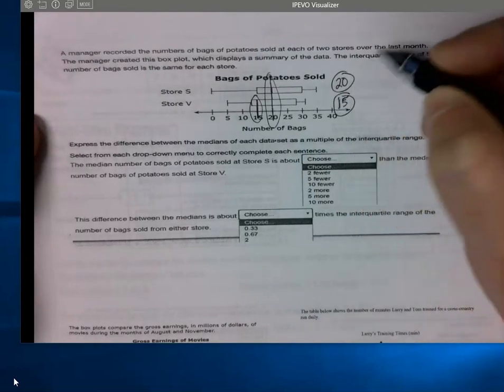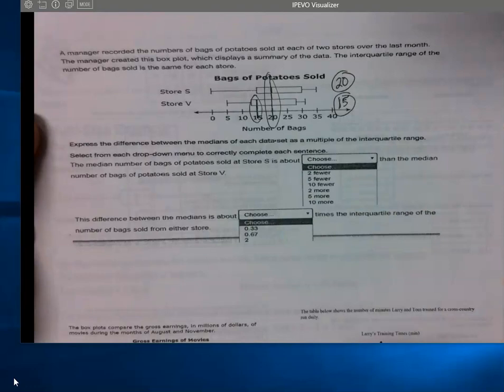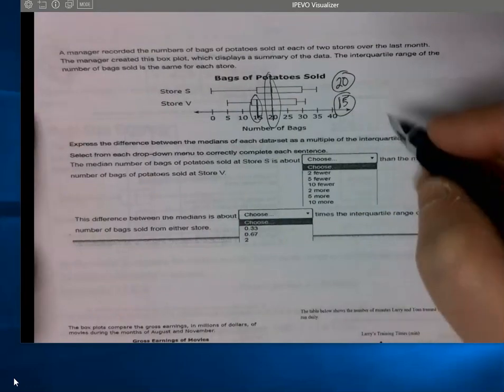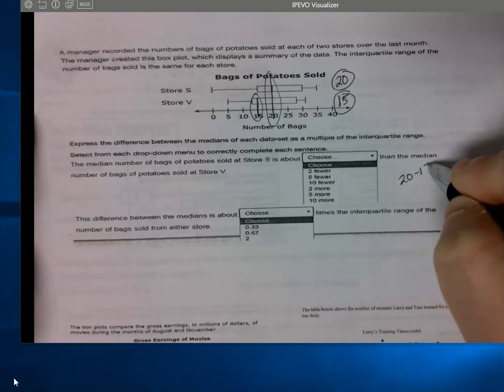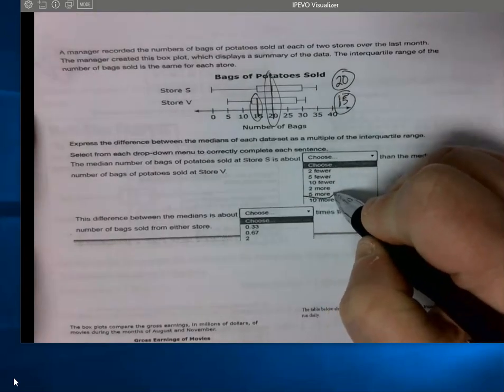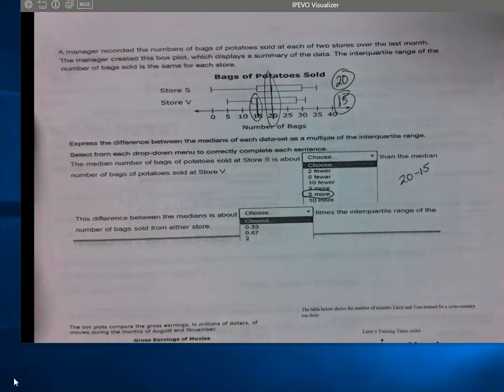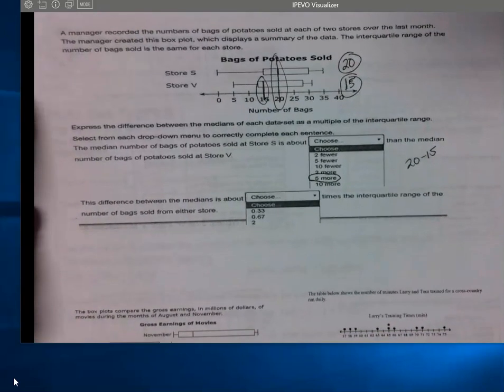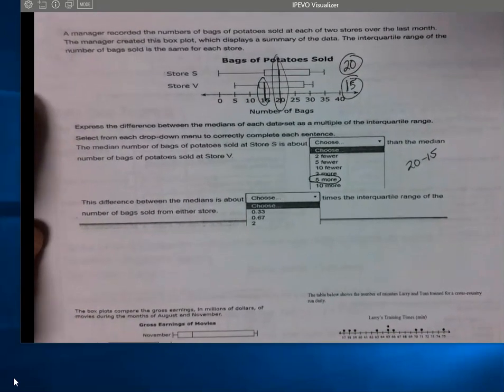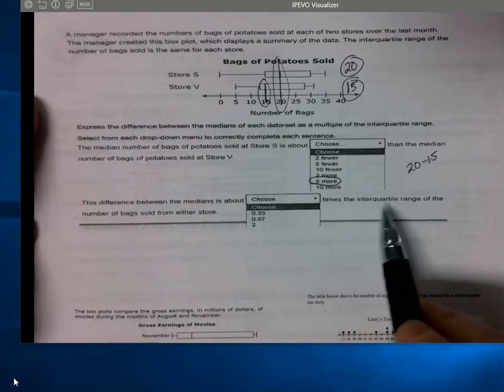Okay, and I think I can hear you from afar saying that it's more. More by how much? And hopefully we have this solution. All right, the difference between the medians is about blank times the interquartile range.